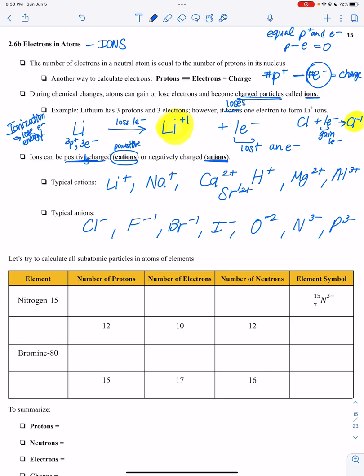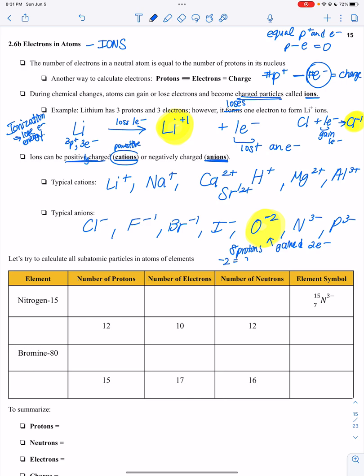If I look at any one of them, I could figure out how many electrons, protons, and neutrons it has based off of the symbol, right? So if I just quickly pluck out O2 minus right here, it looks like it gained 2 electrons. Well, I know it has 8 protons according to the periodic table. Its charge was minus 2.